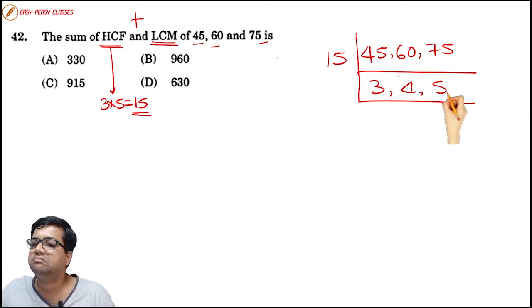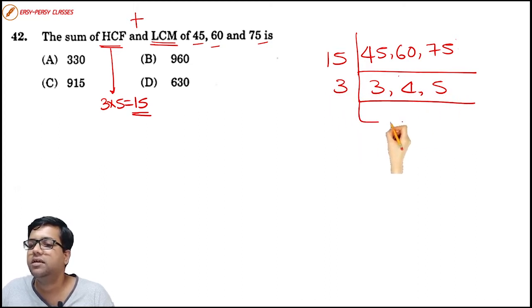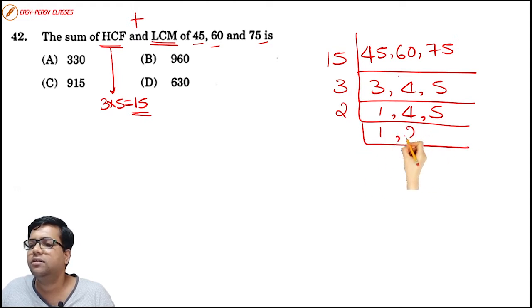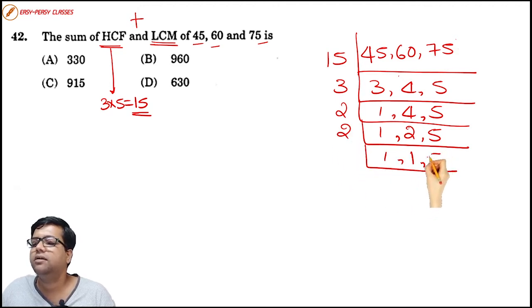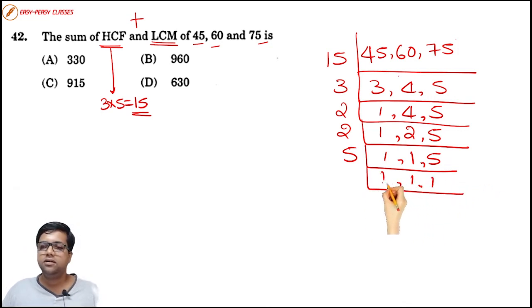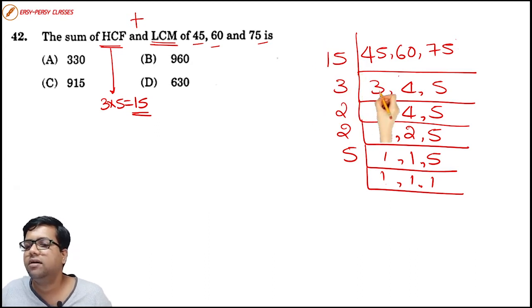And again, we have a kind of prime number scenario here. 3 1s are 3, 4 will be as it is, 5 will be as it is, and you can take 2, but you could have directly taken 4 as a factor, but let me do it properly for you. And 5 will come as it is, and then further you will take 5 till you get 1 1 1 at the last row. You will continue this process.